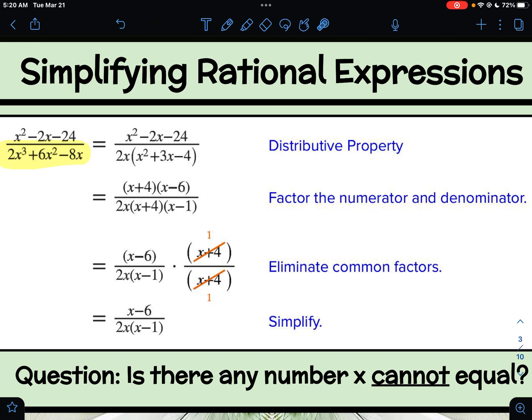Okay, so now we go through the same process. We factor the top, we factor the bottom, and then we're going to cancel out whatever matches. Okay, because anything divided by itself equals 1. And then you're just going to write what's left and simplify. And no, here, you do not have to distribute that. Let's write that.